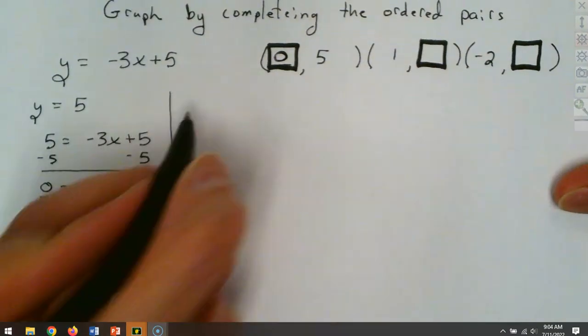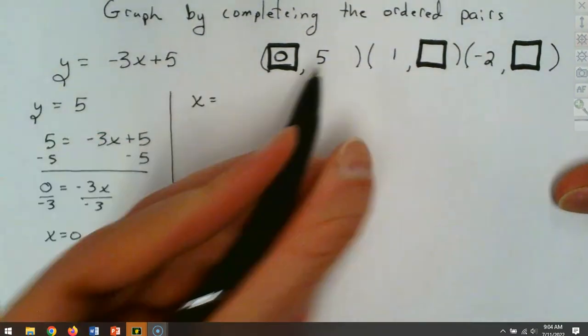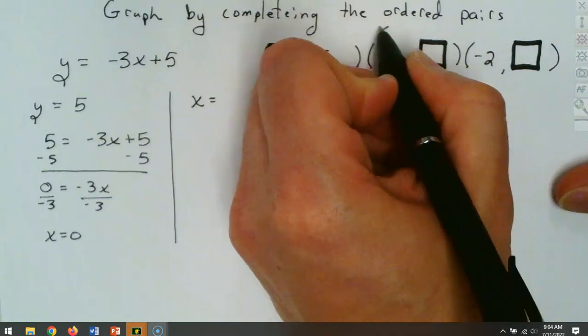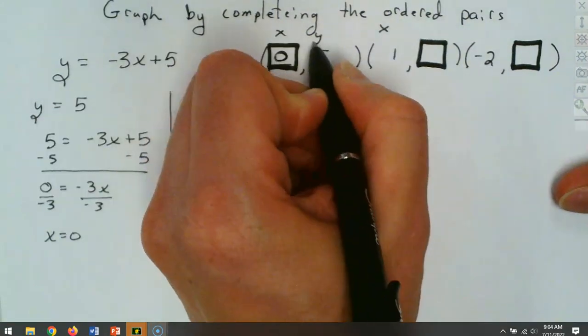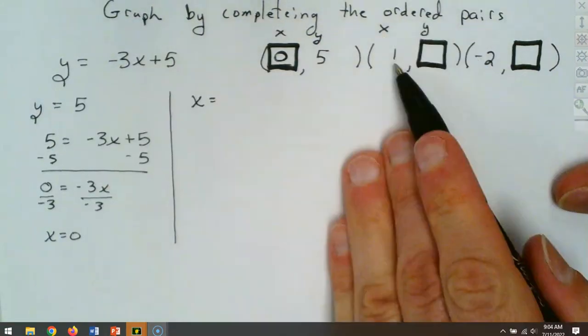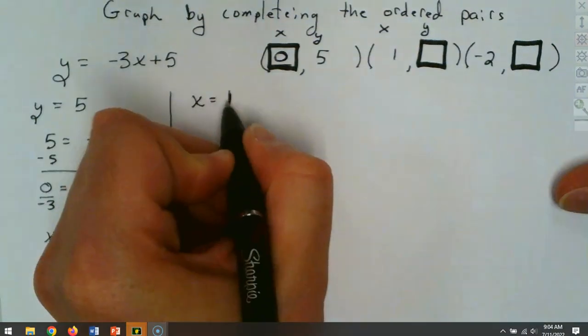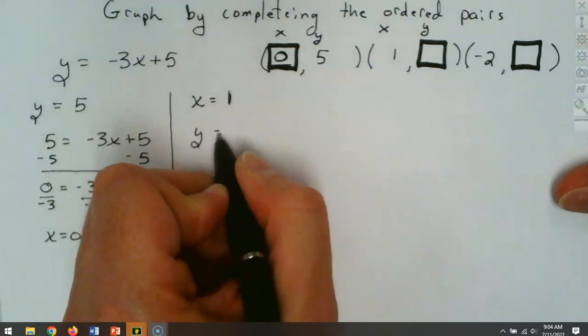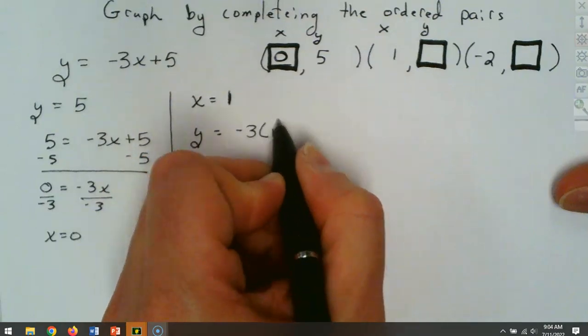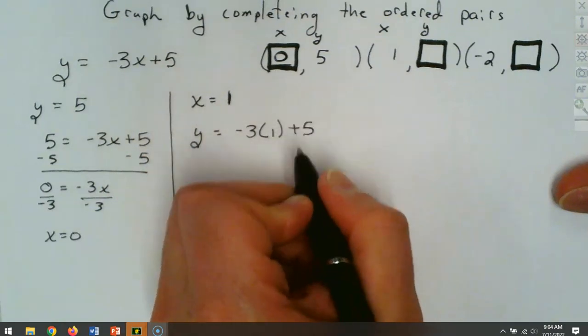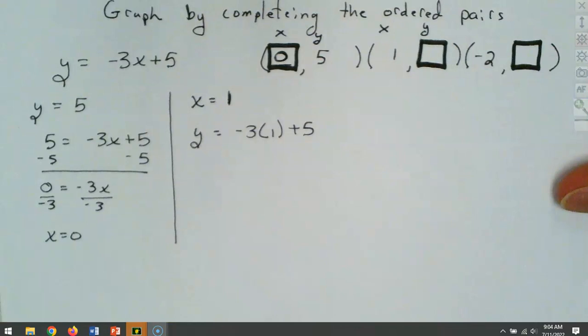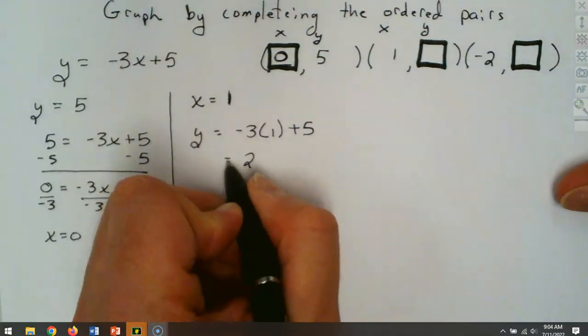Let's do the next one. In the next one, we're going to plug in x equals 1. So there's x and there's y. We're going to plug in the 1 for x, and we're going to find our value for y. If I do that, that gives you then -3 plus 5, and so that's y equals 2.